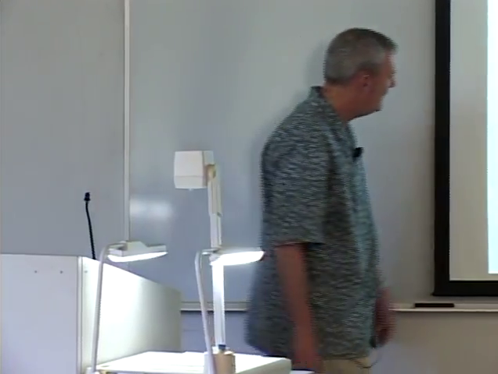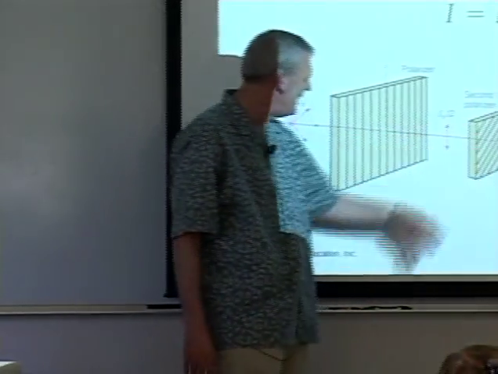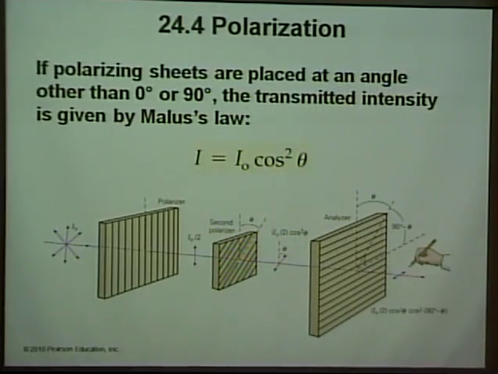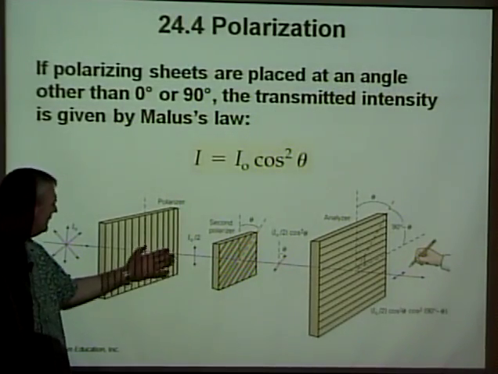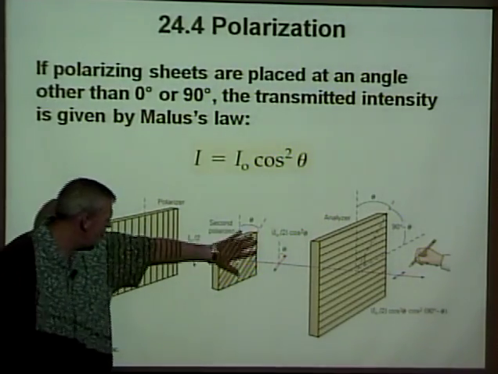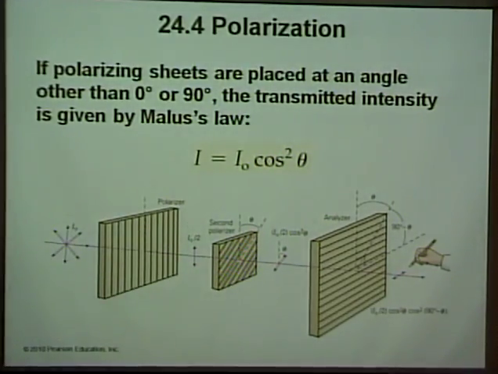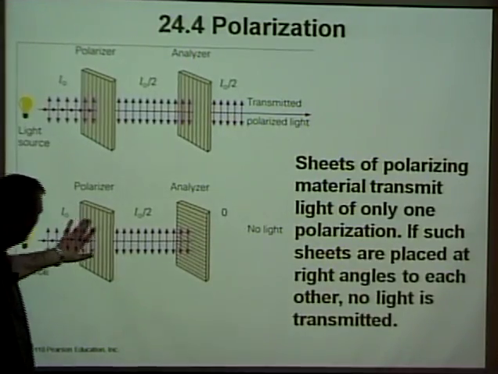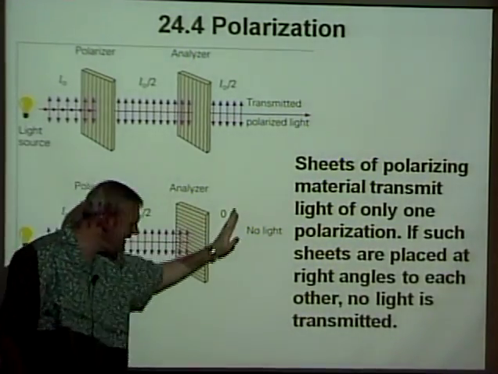All right. So here, notice they put the second analyzer in here, and now here's a good question. If we remove this guy, hold on a second. Notice light comes through here. This goes like this. Nothing gets out.